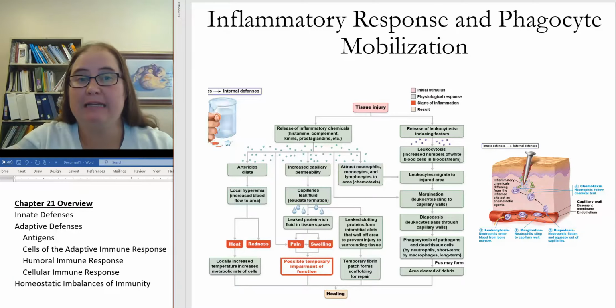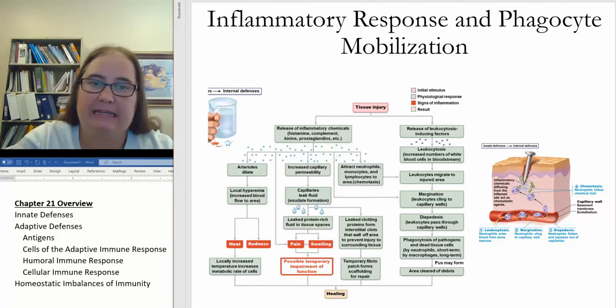So we release these inflammatory chemicals, things such as histamine and complement, which we'll talk about in a while, kinins, prostaglandins. Again, you don't need to know the specifics of these, but these are all inflammatory chemicals. And what they do is have a very broad range of effects.